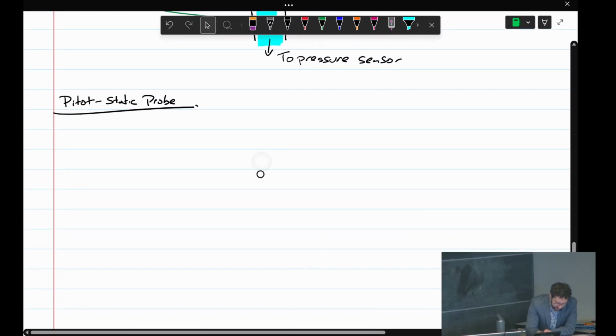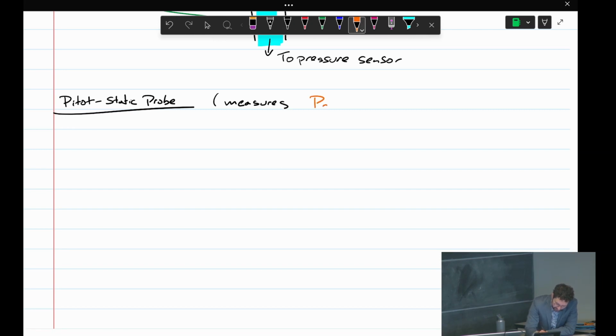A pitot-static probe is really handy because it measures P stag and P, our static pressure. That's why it's called a pitot-static probe, because you also get the static pressure from it.